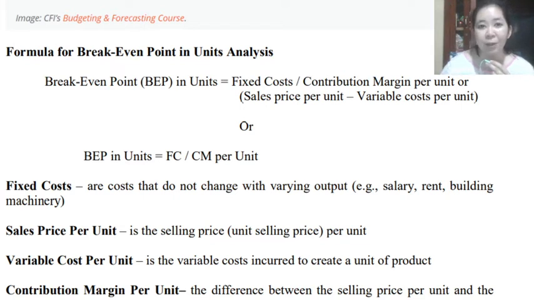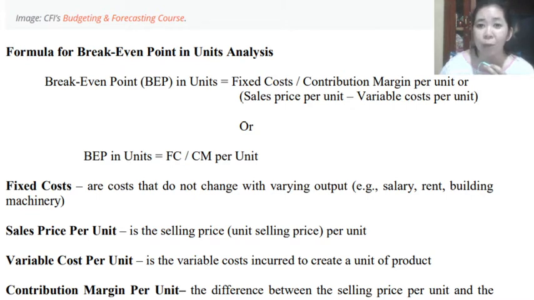BEP, or break-even point in units, is equal to, just like what we presented in the first video lecture, the example there, if you could still remember, the fixed costs divided by the contribution margin per unit.